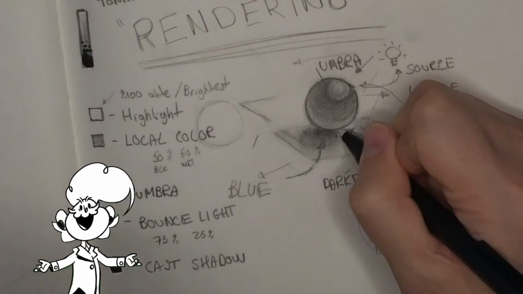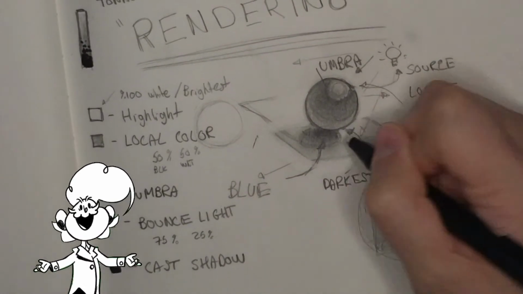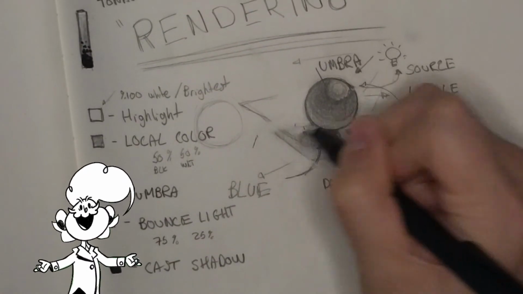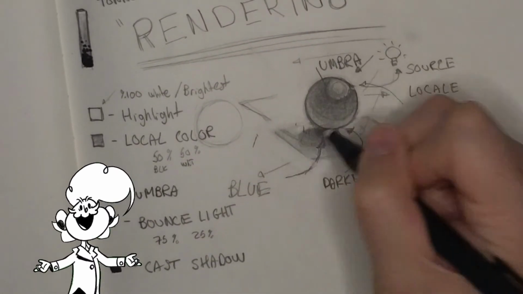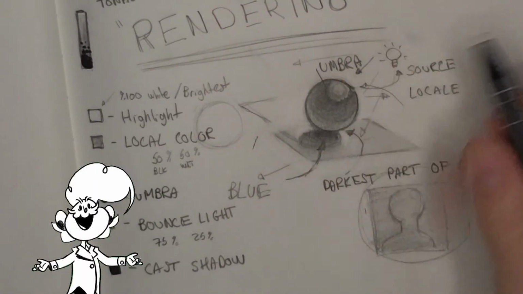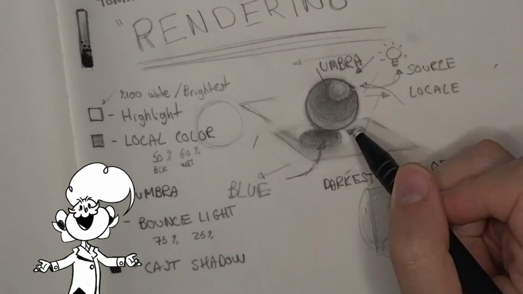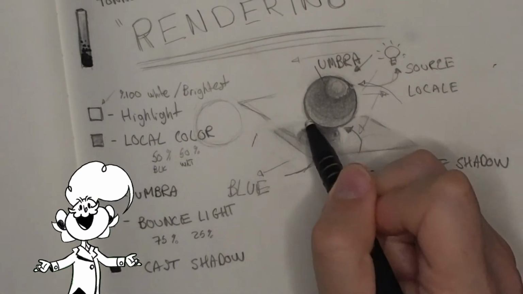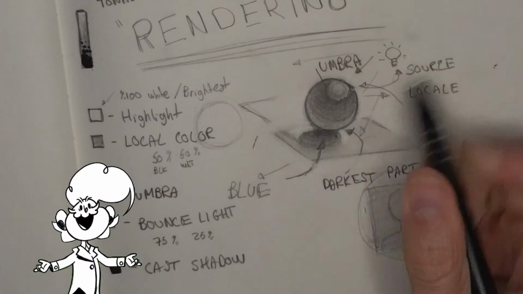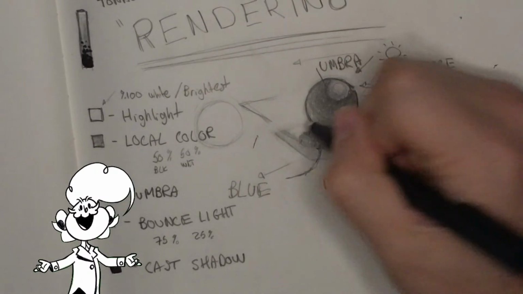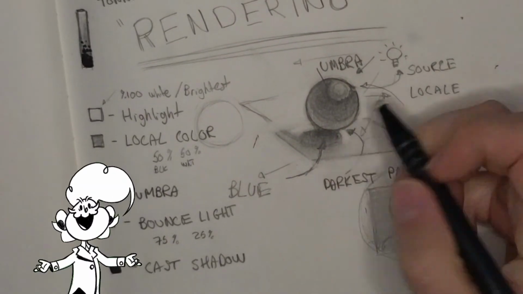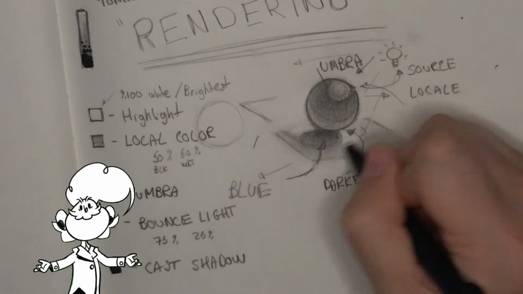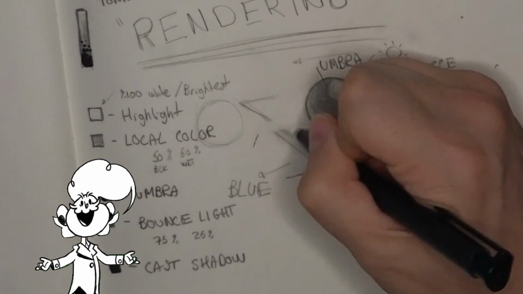But yeah, it's going to be the least blurry at the beginning of that cast shadow, because that's where it's closest to the object that it's casting off from. And so it's going to have a very sharp, very defined edge. But then it's going to start to blur off as we get further out into that cast shadow.